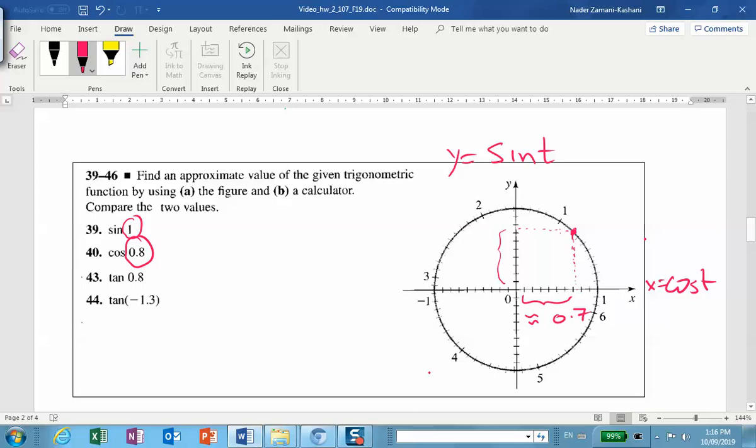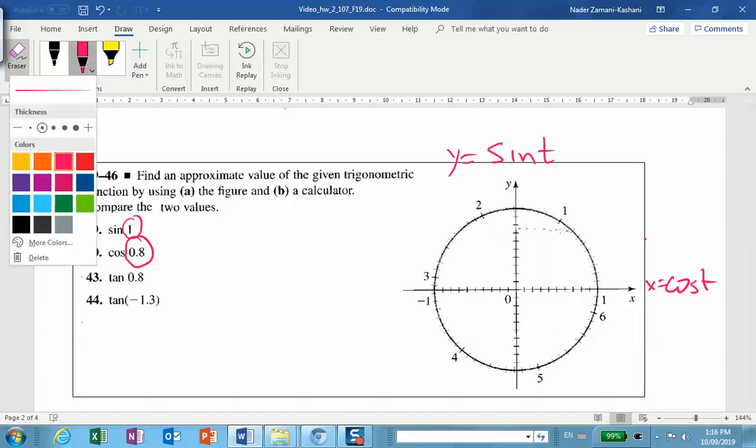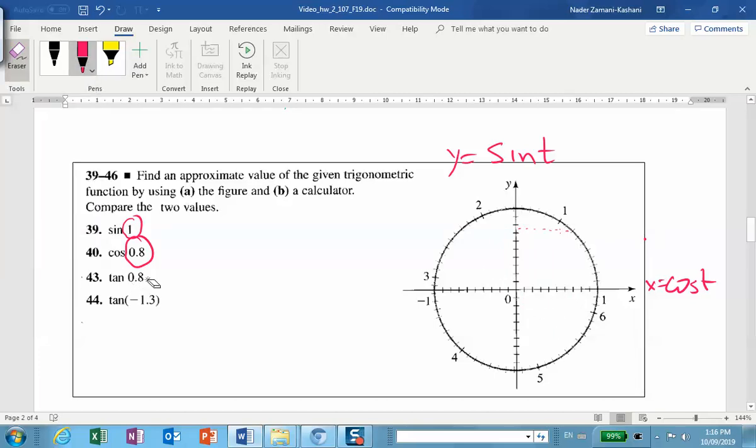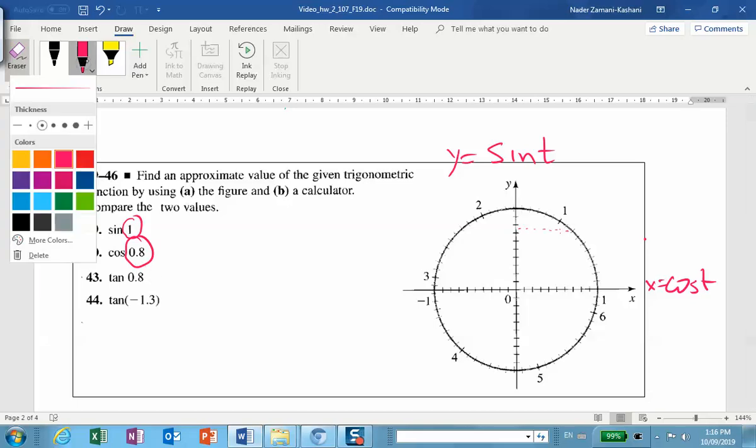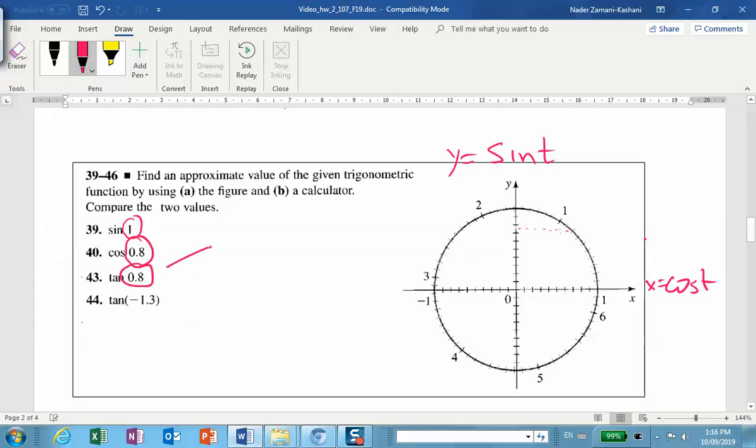All right, let's go to the next one. It says tangent of 0.8. Now, the way you do this is you say this is equal to sine of 0.8 over cosine of 0.8. Now, unfortunately, I erased it.